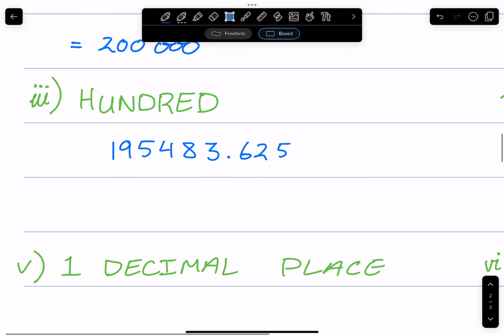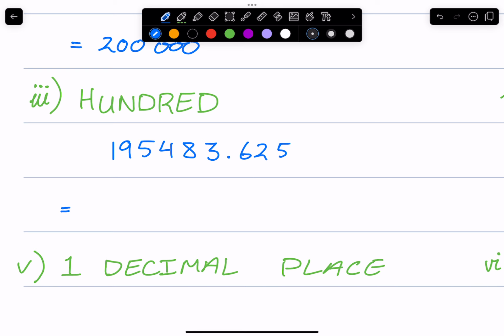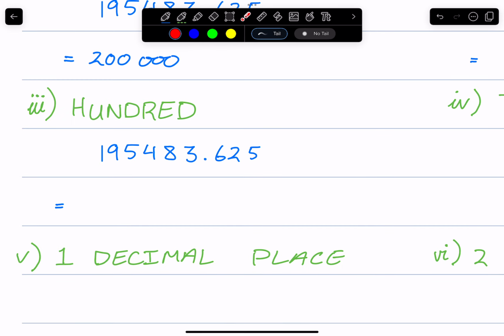So here we go. Let's round this to the nearest hundreds position. So this is the ones, the tens, the hundreds position. So the chosen position is the hundreds. And we now look to the number to its right and decide, does the 4 go up by 1 or does it stay at 4?